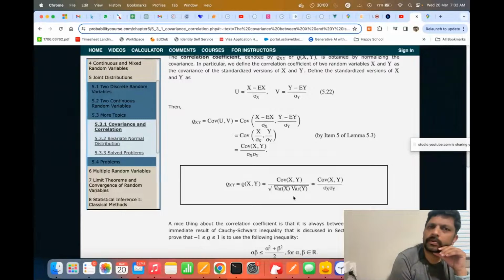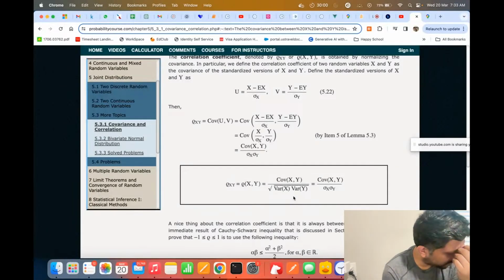The correlation coefficient is covariance divided by the standard deviation of both. Covariance is the sum of the product of the differences, divided by n. Standard deviation is the square root of the sum of squares of differences, divided by n.